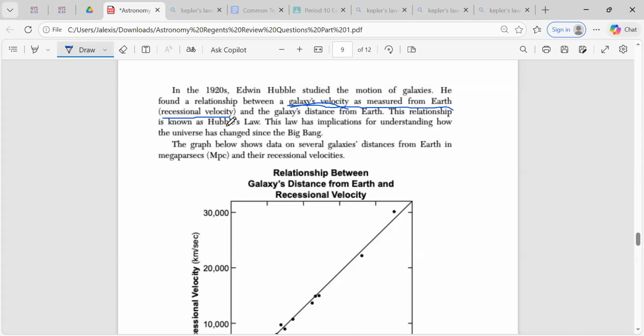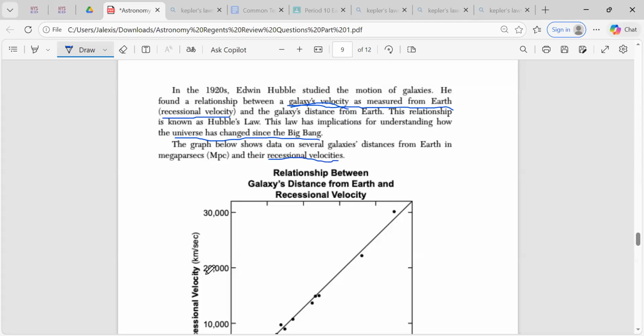This relationship is known as Hubble's law. The law has implications for understanding how the universe has changed since the Big Bang. The graph shows data on several galaxies' distance from Earth in megaparsecs and their recessional velocities.